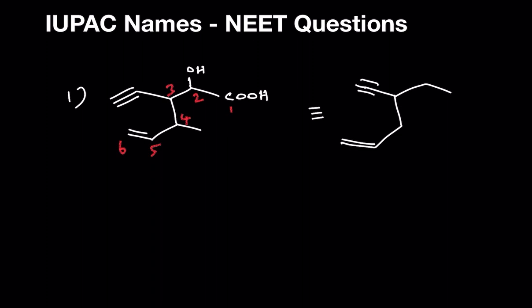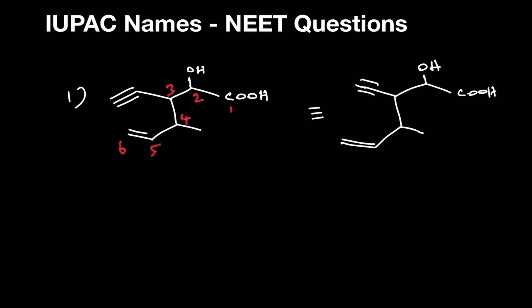Just a minor comment on the question paper. It should have been written like this, but just to confuse you further, they have bent the structure. But anyway, we will find out the IUPAC name for this.